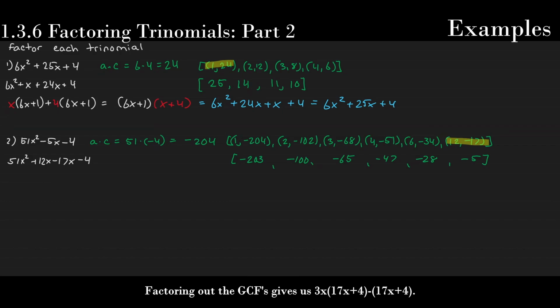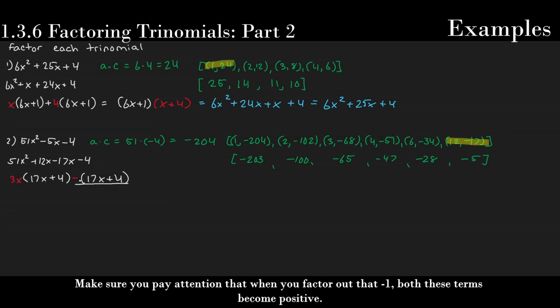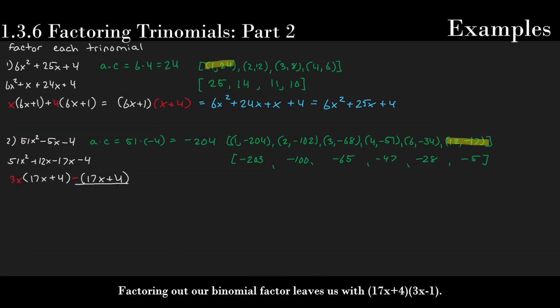Factoring out the GCFs gives us 3x times 17x plus 4 minus 17x plus 4. That sign can mess you up. Make sure you pay attention that when you factor out that negative 1, both these terms become positive. Factoring out a binomial factor leaves us with 17x plus 4 times 3x minus 1.